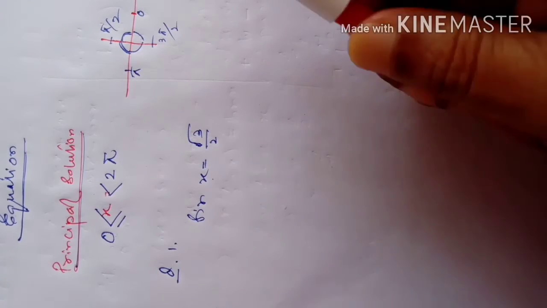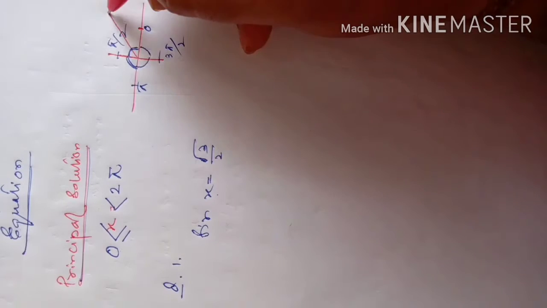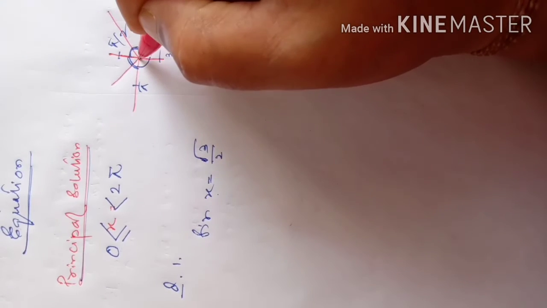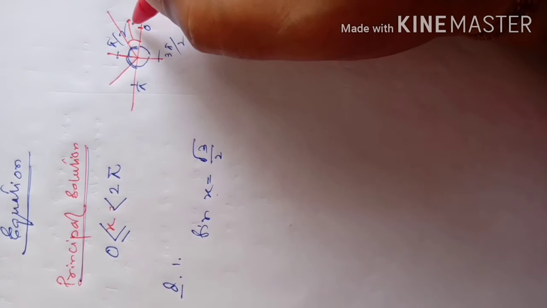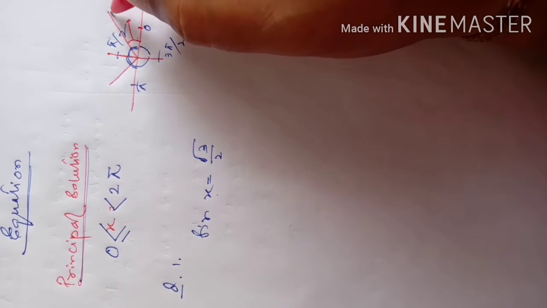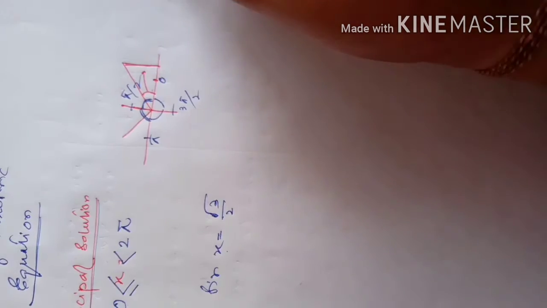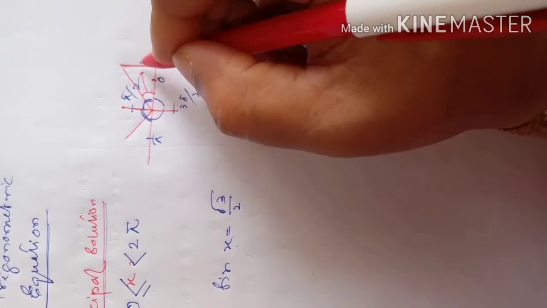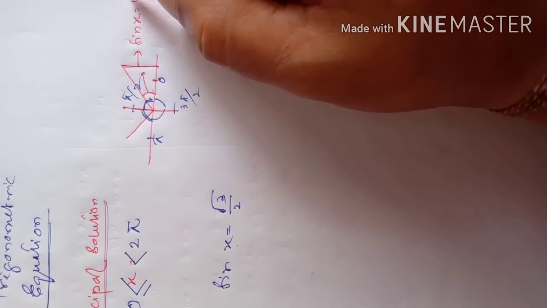Now you see, dear students, as you know, sine is positive in the first quadrant and in the second quadrant. If we consider some angle here, for that also sine will be positive, because sine means the y coordinate. Just look at this Cartesian plane: the y coordinate is the sine of this x, suppose root 3 by 2.